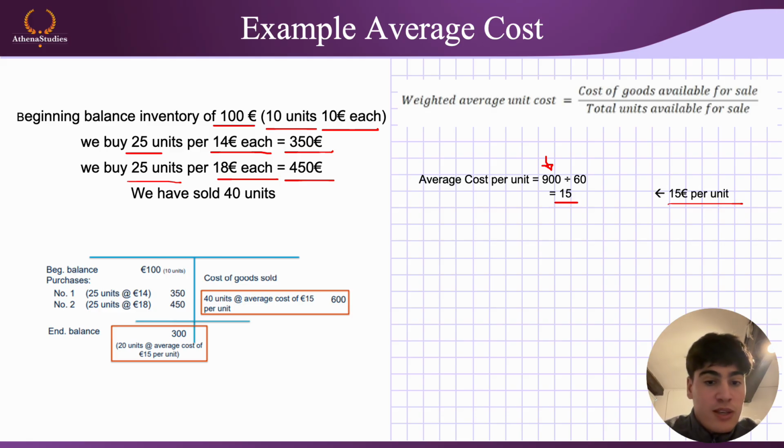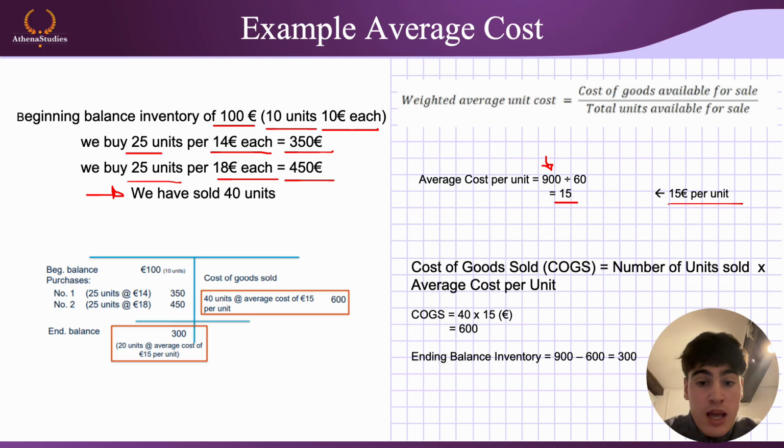So here they tell us that we sold 40 units. So this means we will be selling 40 units times 15, which is the price. So the formula is cost of the goods sold equal to the number of units sold times average cost per unit.